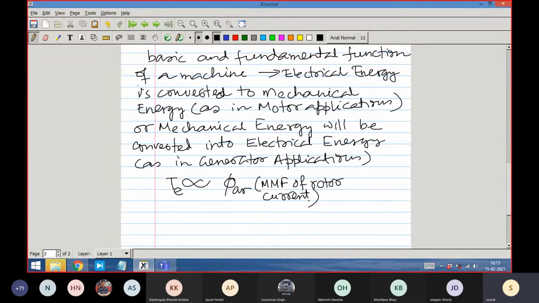So we are only concentrating on the torque that is produced on the rotor because that can move. So it depends on the air gap flux with the rotor current and the sine of the angle between the two. The MMF due to rotor current, let us call it FR.